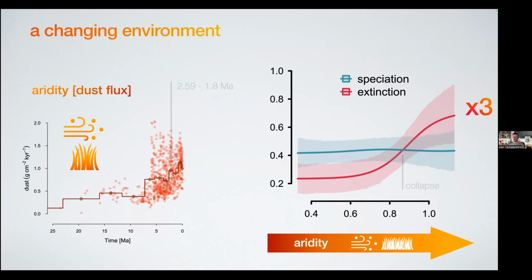And then there is a point here, which we estimate to be around the beginning of the Pleistocene, where just this variable alone predicts a net diversity loss in the system. So in general, if we just look at the effect of this variable, we will start losing species across all African herbivores starting between 2.5 and 1.8 million years ago.